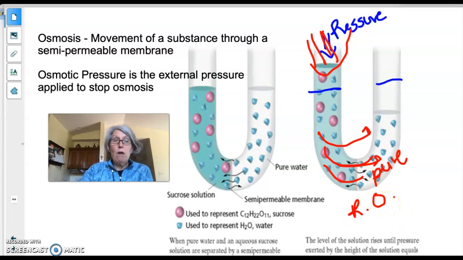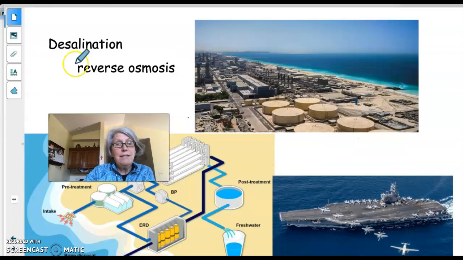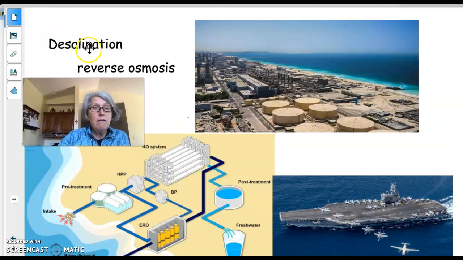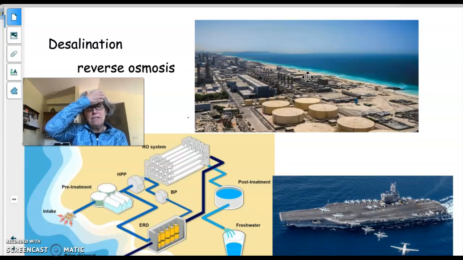Okay, and RO you may have heard of before, reverse osmosis. It is the reason why we have what we call desalination plants. Desalination plants are along a coast. California has them. The Middle East has them. Dubai has them. They wouldn't be able to have the city of Dubai if they did not have the desalination plants.